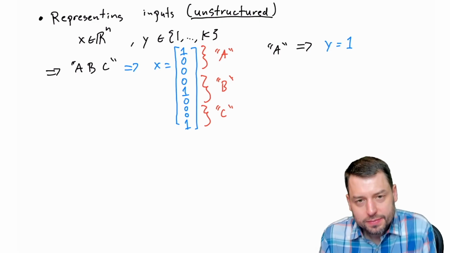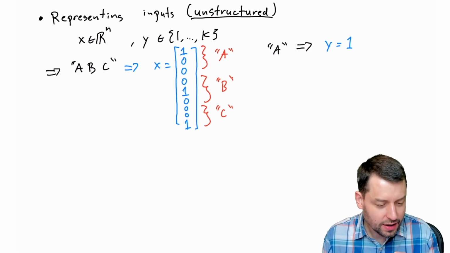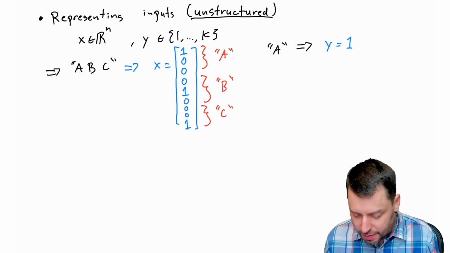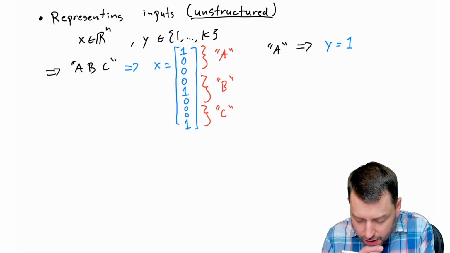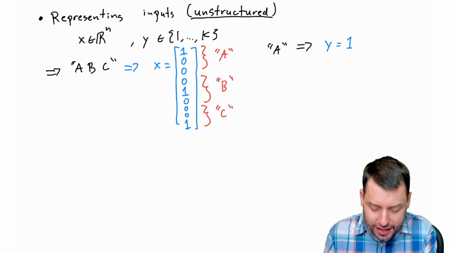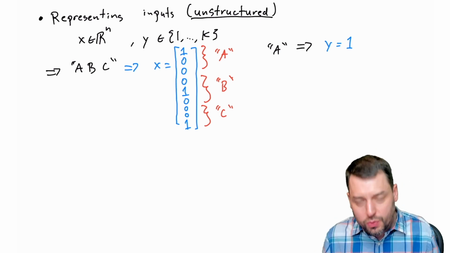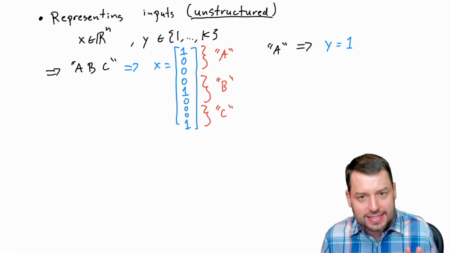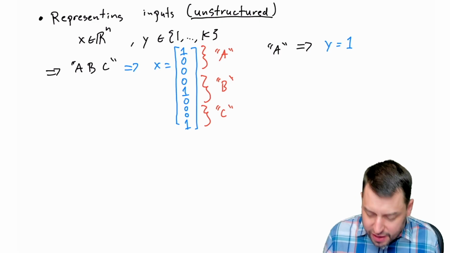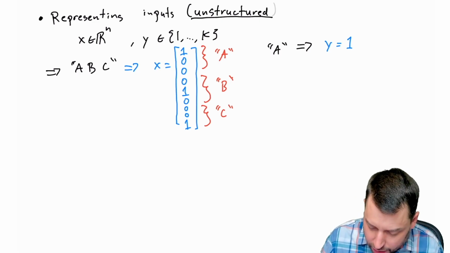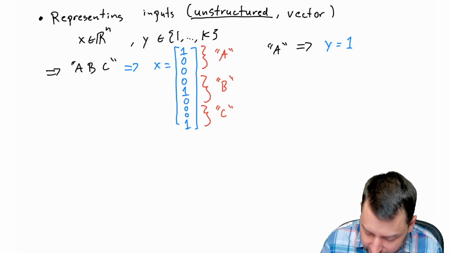Okay, but there's going to be a bit of a breakdown here. If we represent everything like this, we don't actually have that much representational power. Of course, these are in some sense mathematically equivalent, but we're going to take a slightly more structured approach to representing our inputs. Because this is an unstructured approach that represents our inputs as one big vector.